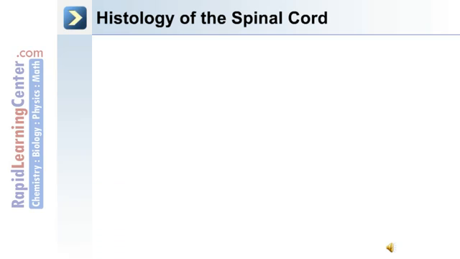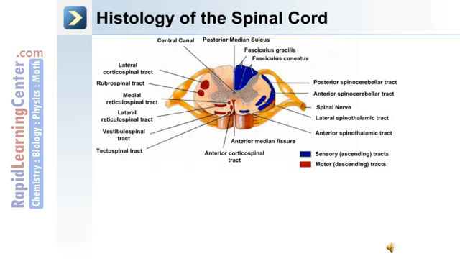Now let's look at the histology of the spinal cord, including the ascending and descending tracts. At the anterior side of the spinal cord is an anterior median fissure. At the posterior side is a posterior median sulcus.